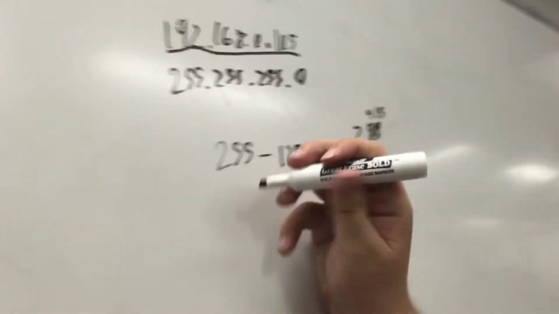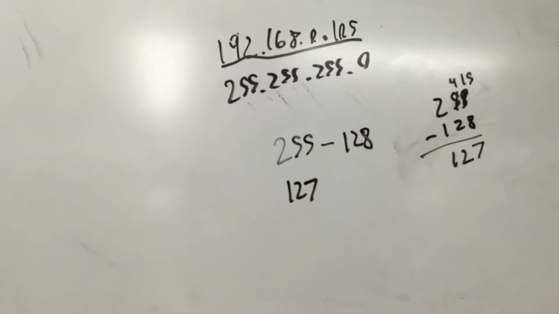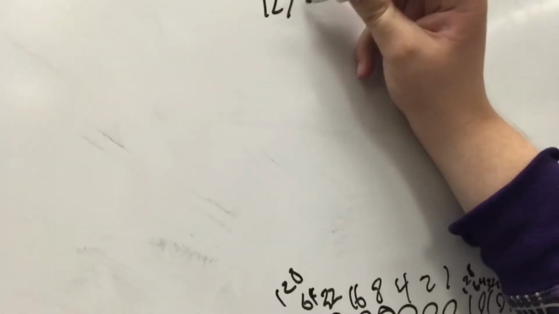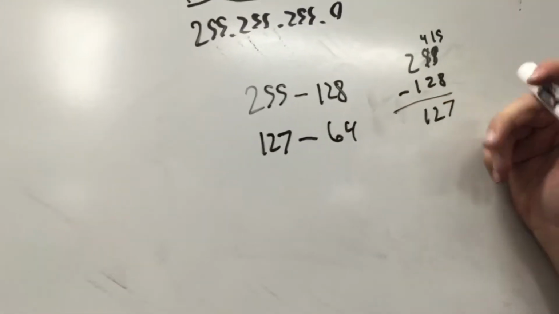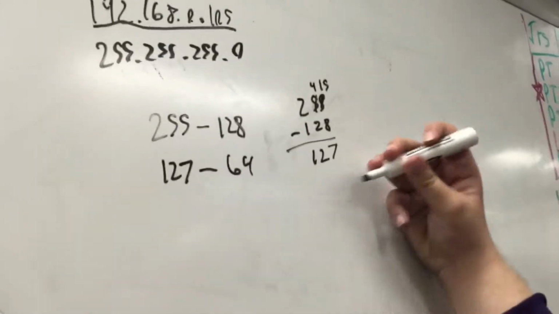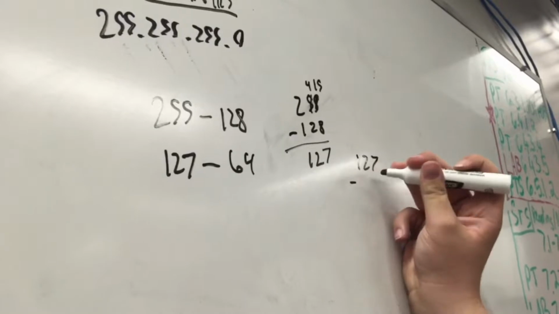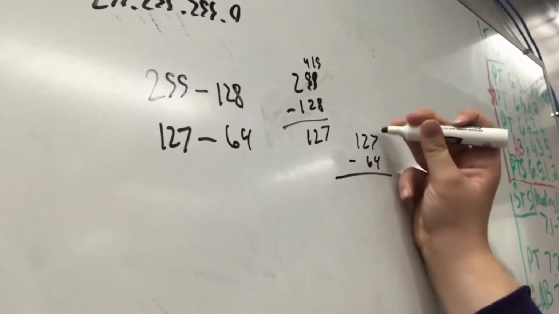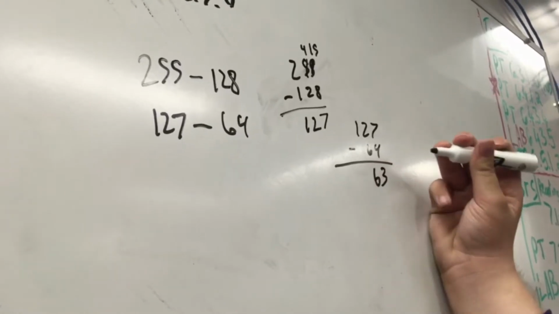So, is 127 bigger than 64? Yes, it is. And if you might see a pattern here already, it's 63. But let's just prove it. 127 minus 64, 63.